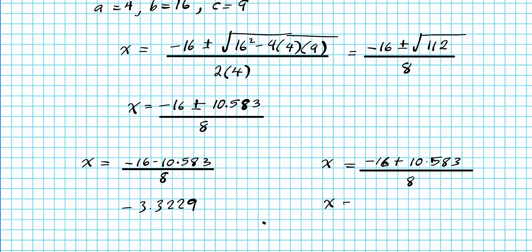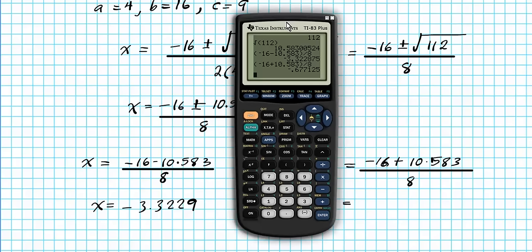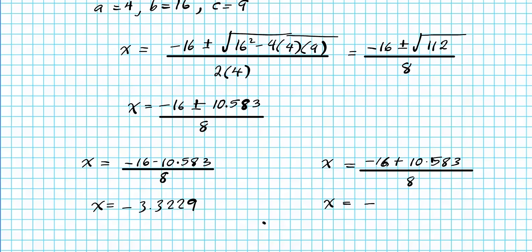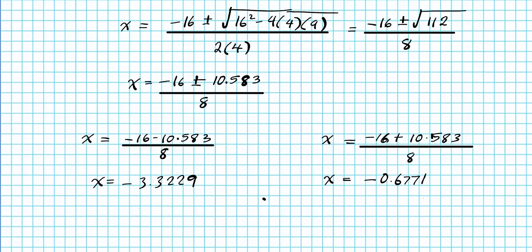And then for the second answer, I'm just going to recall my previous entry and switch the minus 10 to plus 10, since that's the only difference. And our answer is negative 0.6771. All right, the problem calls for us to round it to the nearest tenth, or just one decimal place.